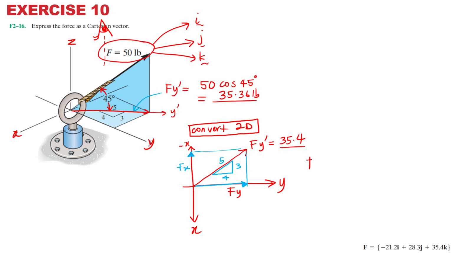Solve Fy first. Fy is actually 35.4. Hypotenuse first. Hypotenuse is 5. We are looking at the horizontal component, so this is 4. What is the value?